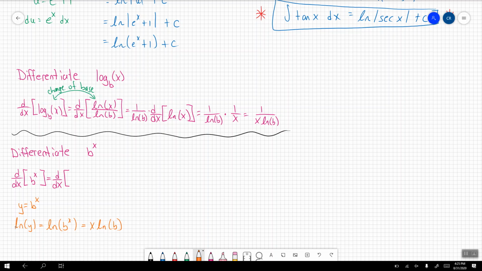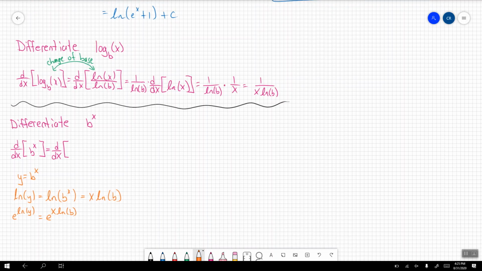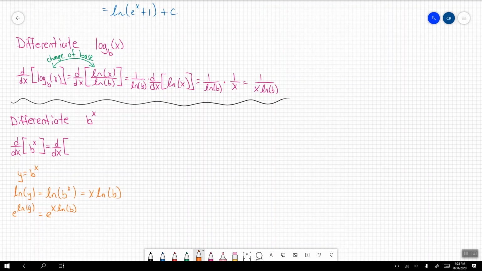We get rid of it by raising both sides to the power of e. So we do e to the power of natural log of y and e to the power of x times natural log of b as such. What happens here? Well, on the left-hand side, we're left with y. On the right-hand side, we're now left with e to the power of x times the natural log of b.